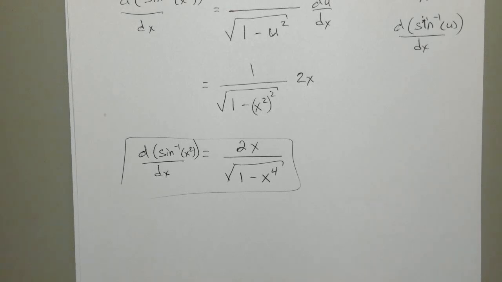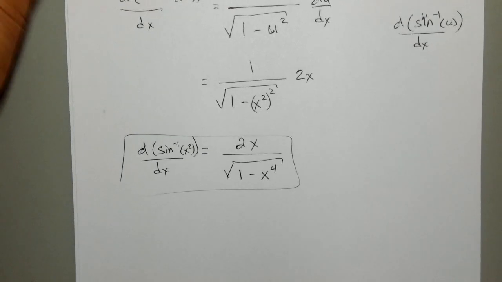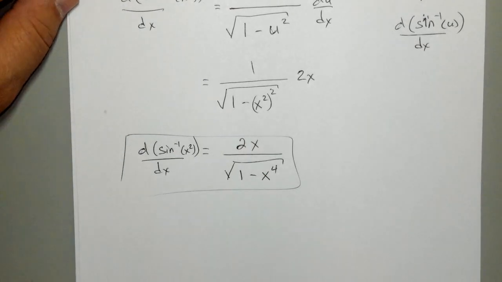It's just defining what is u. U is the argument of the trig function. Everybody good with that? Is there a limitation of what the u can be?